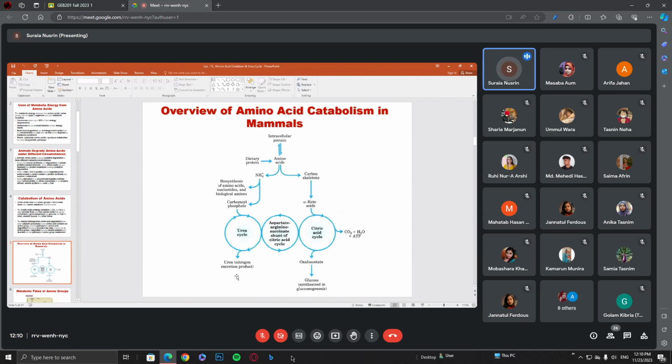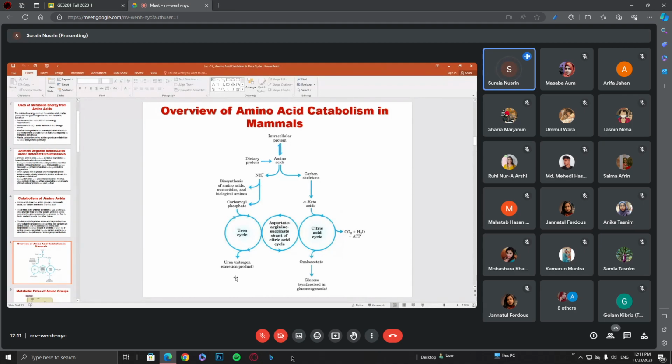Okay, now we have to focus on this whole thing one by one. The removal of the amino group gives us the carbon skeleton, and that carbon skeleton enters the citric acid cycle. We are not focusing on the citric acid cycle that we have already learned, and also the gluconeogenesis we also learned.